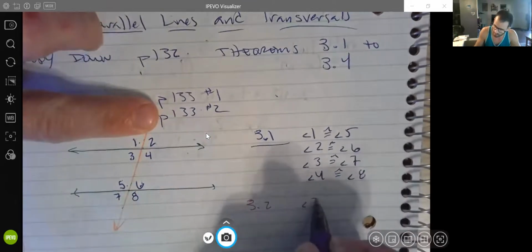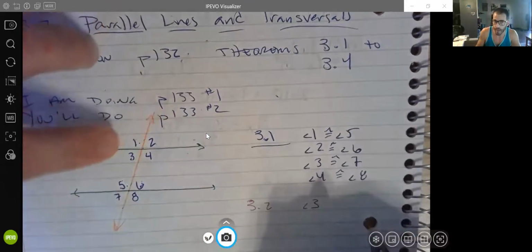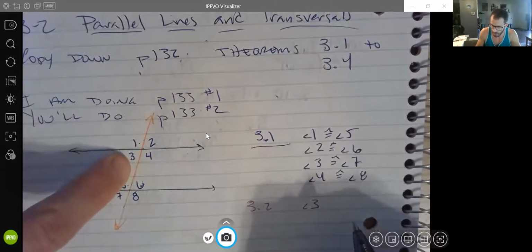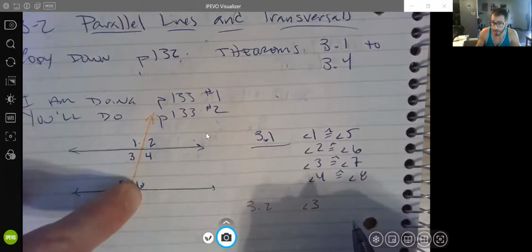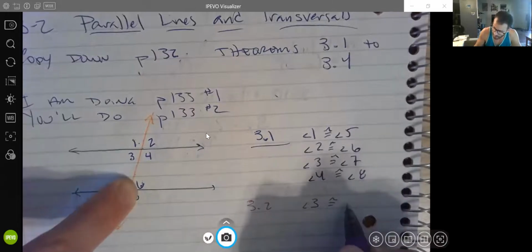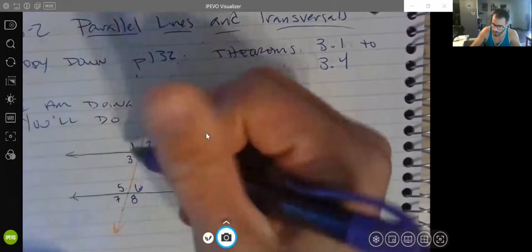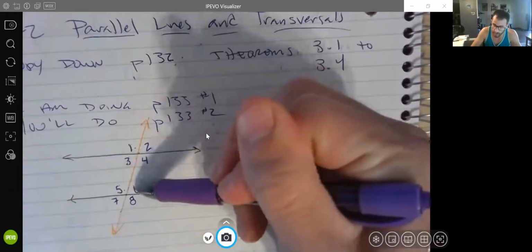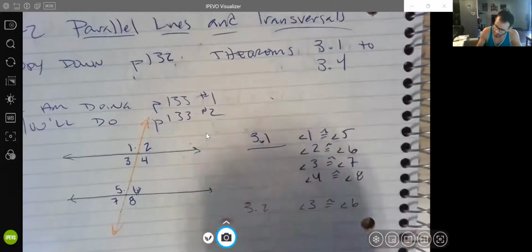So let's start with angle 3. Angle 3 is right here. Alternate interior, okay? Bottom left of its intersection, alternate interior, top right. Bottom left, top right, alternate. Both of them are also interior. I also like to think about it as hopscotching right over, hopping over, okay?